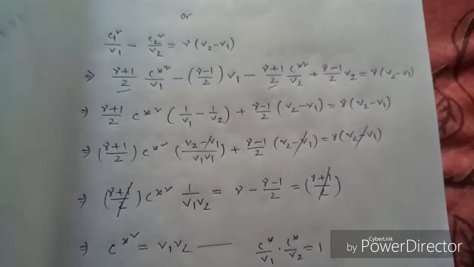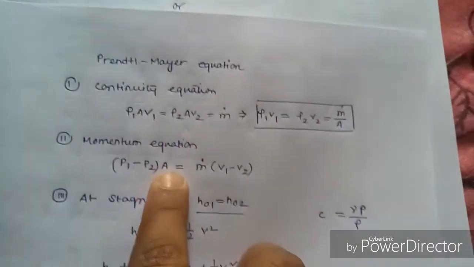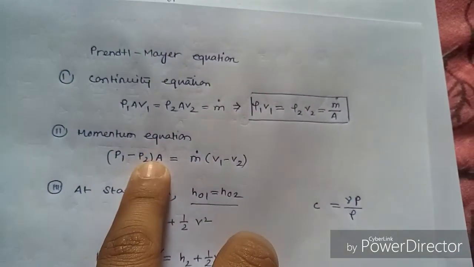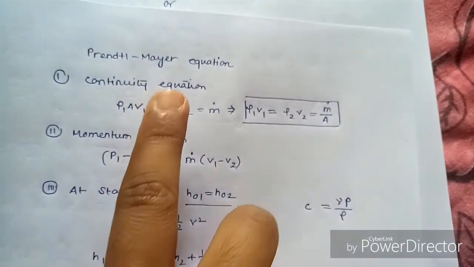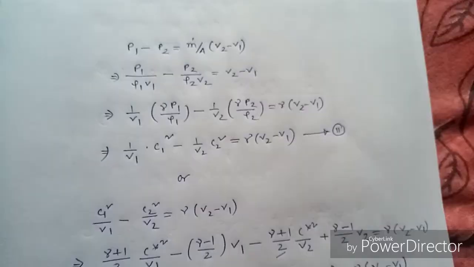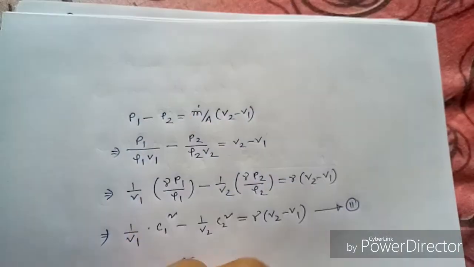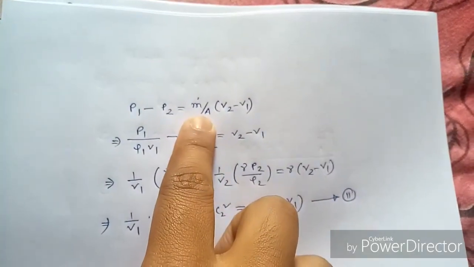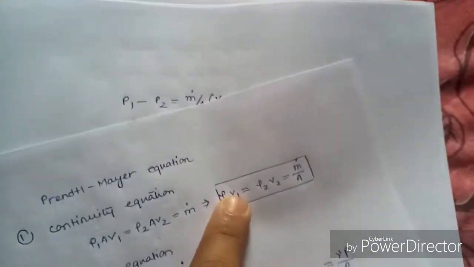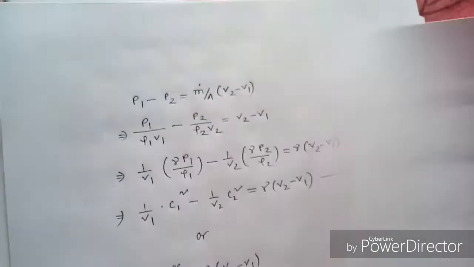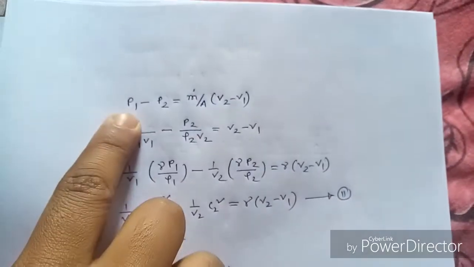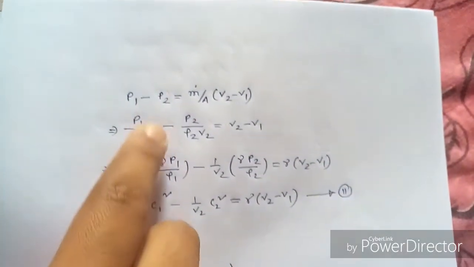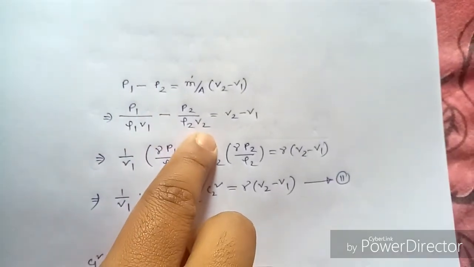Next step, we take this momentum equation, and in the momentum equation we apply this continuity equation. That is, we take this momentum equation, then we divide by this. In the case of rho 1 we divide by rho 1 v1, in the case of P2 we divide by rho 2 v2.